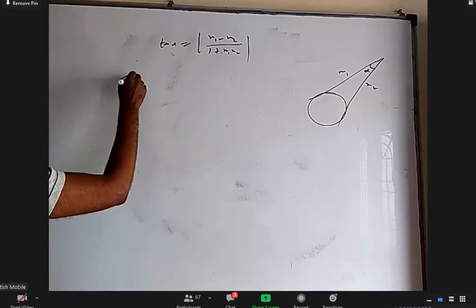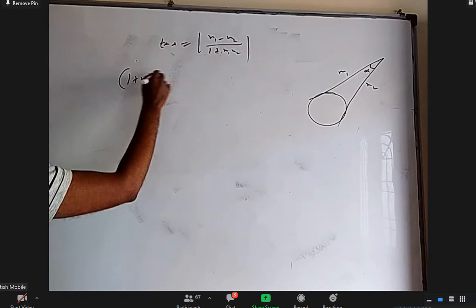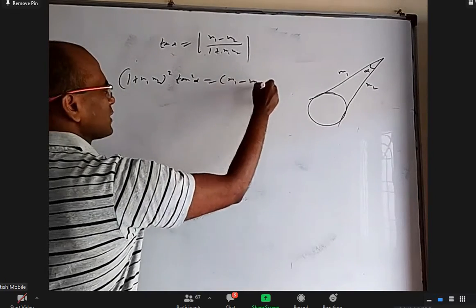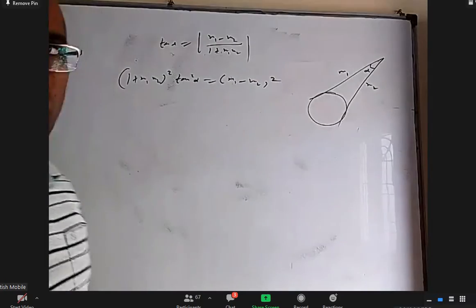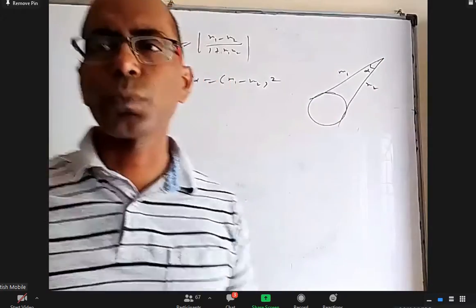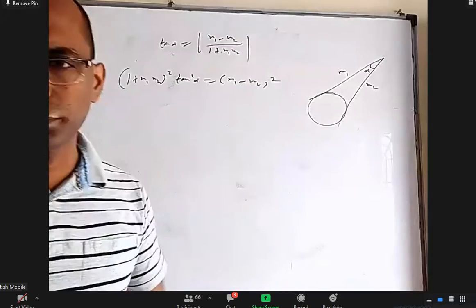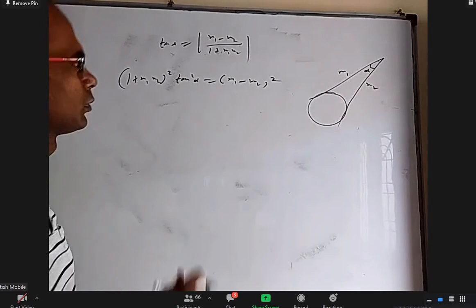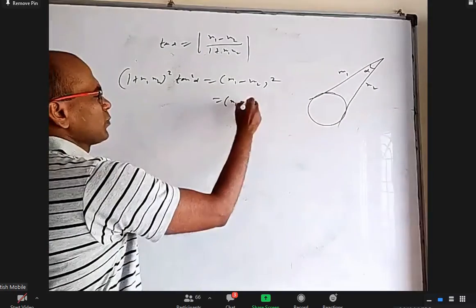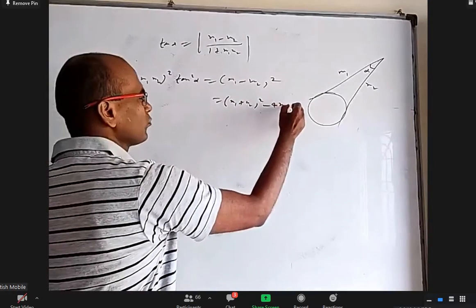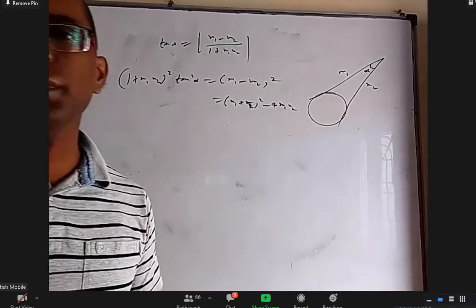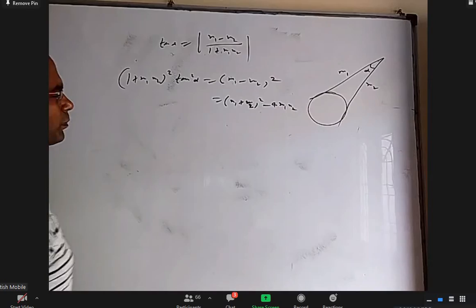I'll square it. I'll get 1 plus m1 m2 whole square into tan square alpha is m1 minus m2 whole square. I know only sum of the slopes and product of the slopes. So what to do with m1 minus m2 whole square? m1 minus m2 whole square, like a minus b whole square, you can write a plus b whole square minus 4ab. So m1 plus m2 whole square minus 4 m1 m2.